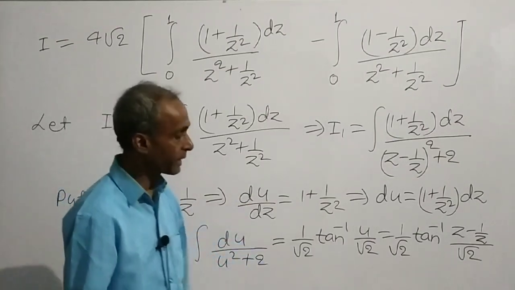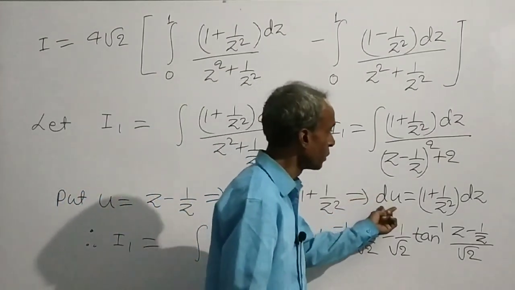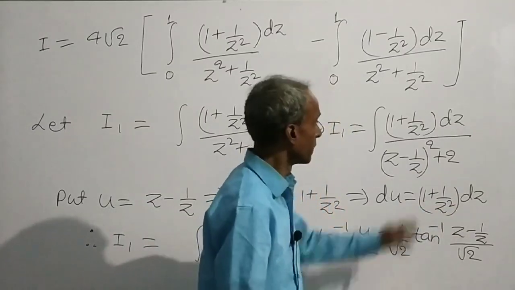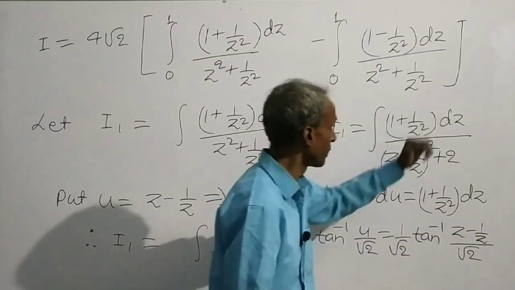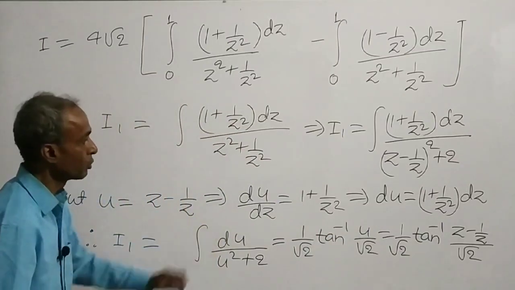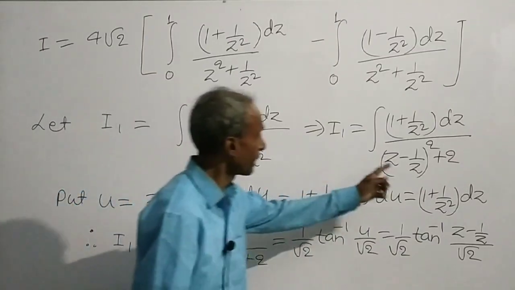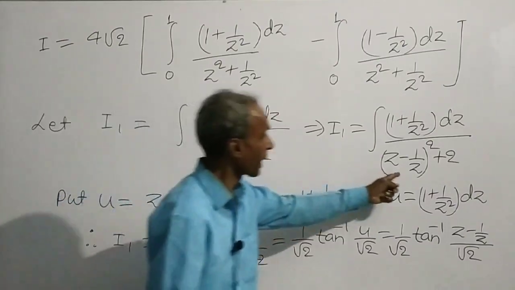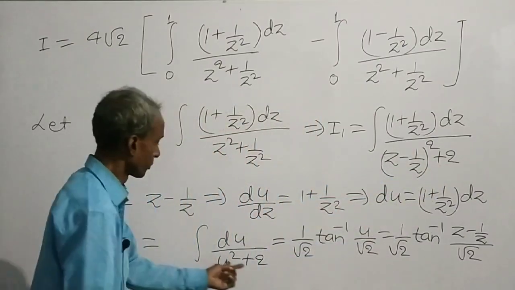After differentiating, we get du is equal to 1 plus 1 by z square dz. Therefore, we write in the numerator du. And in the denominator, this becomes u square plus 2.